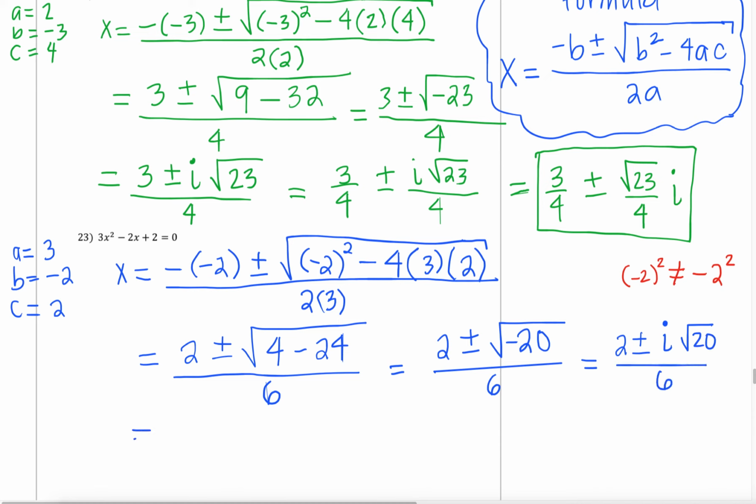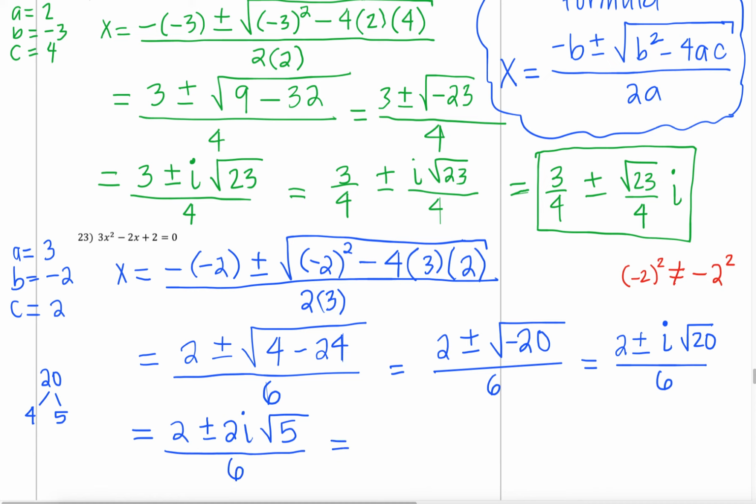And then 20 itself, although it's not a perfect square, does have a perfect square as a factor. 4 is a perfect square in there, so I can continue to simplify this, and I end up with 2 times i, since the square root of 4 is 2. That 2 comes out, and I just get the square root of 5 left over inside, all over 6.